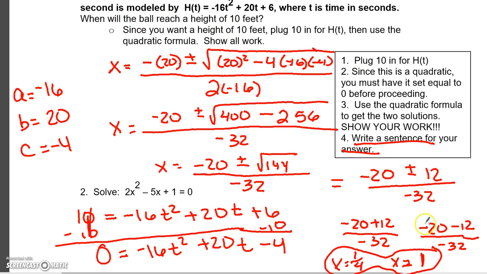When will the ball reach a height of 10 feet? Well, we have two answers. So that means it reaches the height of 10 feet twice. One of those times is when x is 0.25 seconds, and the other at 1 second.